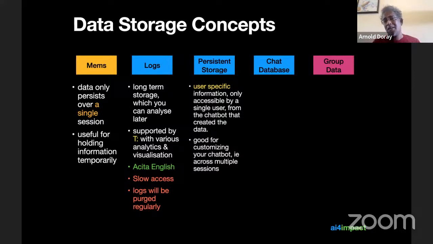In other words, once the chatbot is closed and the same user comes back in again, they can receive the same greeting or preferences or other things that you want to have across multiple sessions. You can quite easily do this using persistent storage. It's fast access compared to logs, and it will automatically be purged every 6 months, just for privacy reasons.